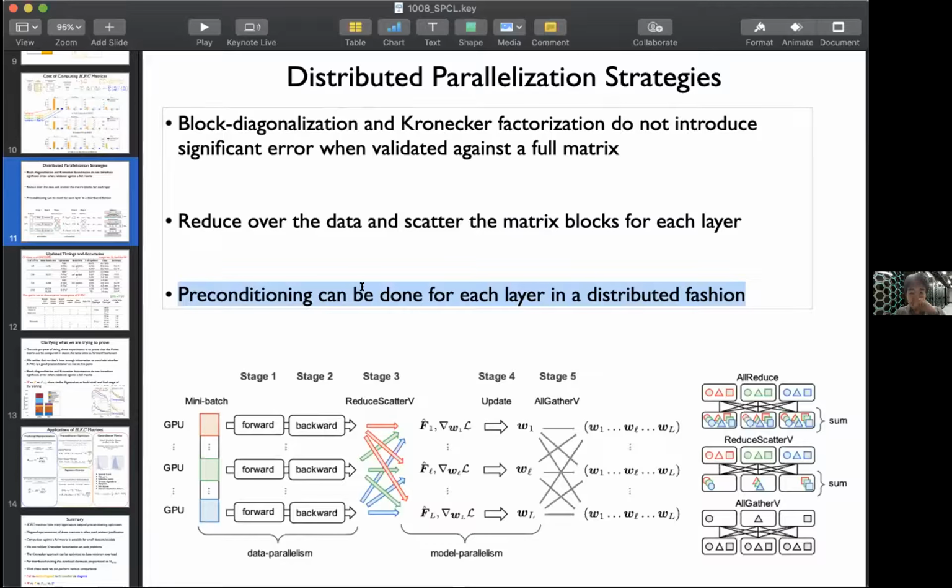So even if you had 100 layers, if you use 100 GPUs, then it's the same amount of computation as one layer per GPU. And you can also combine that with Kronecker factorization, which reduces the complexity to the square root of the original complexity. Then you can compute these things quite fast.